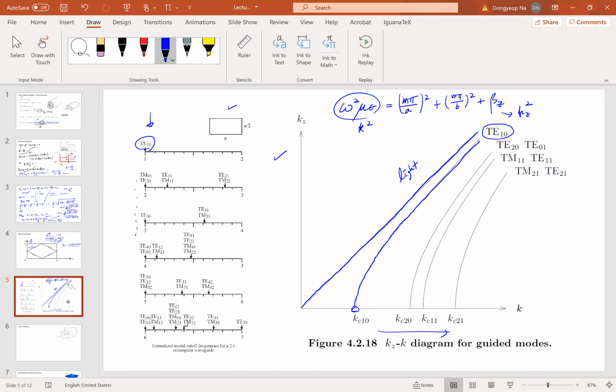Again, let's say below the frequency 2, we can only excite the TE10 mode. On the other hand, below 3, we can excite various higher order TE or TM modes.